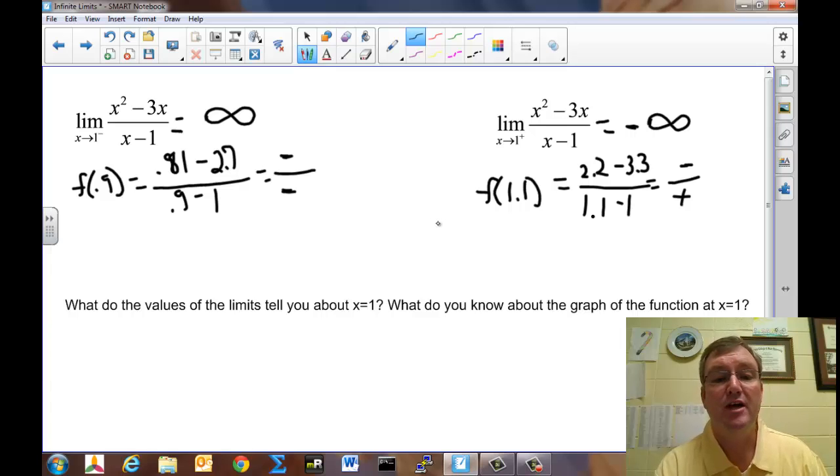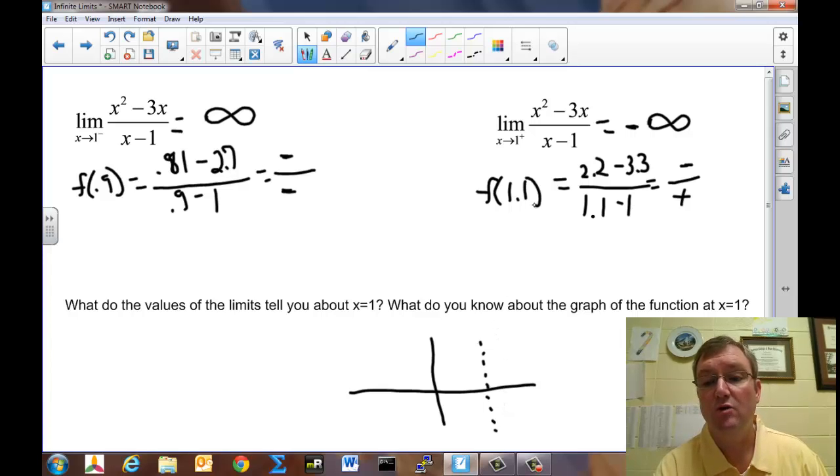So just think about that, what you know about the graph now because of these two things. Even though we have no idea what the graph looks like unless we use our calculator, we know that when we come to x equals 1 over here, we've got an asymptote, so the function is not defined there. We know if we take a number larger than 1, like 1.1, the function is down here at the bottom, approaching negative infinity.